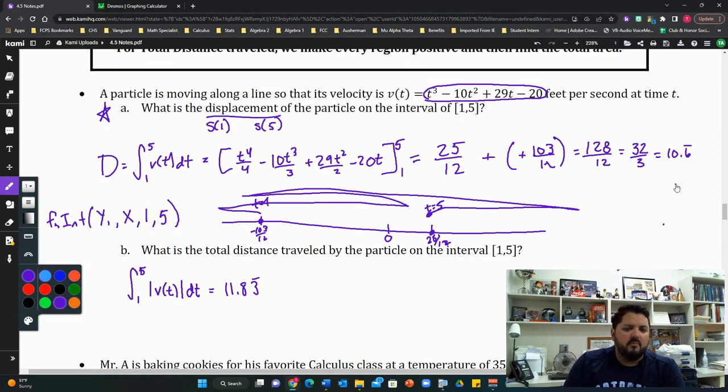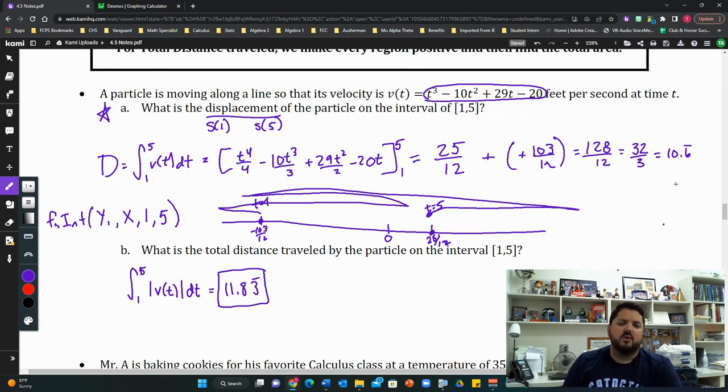And again, we can use the calculator on the calculator active portion or any calculator active questions. And in certain situations, you have to use a calculator, like the next one coming up, which we're going to have to use the calculator for. But setting it up and understanding what we have to do with our absolute value bars is super important for these kinds of problems.